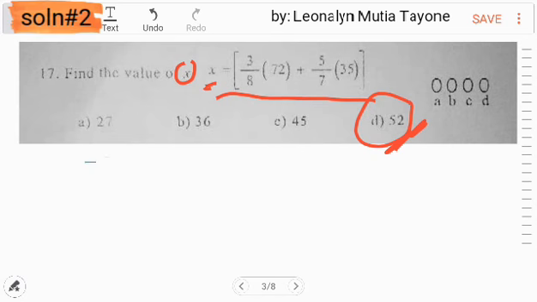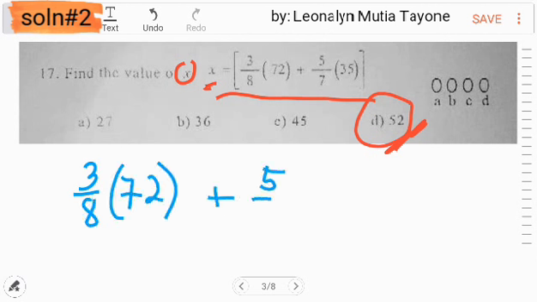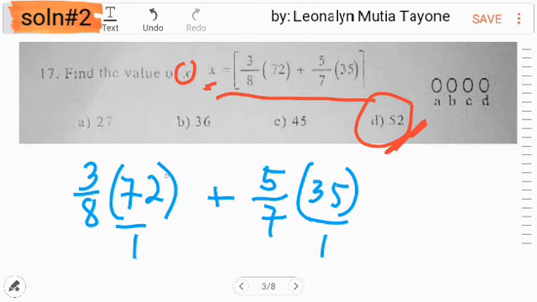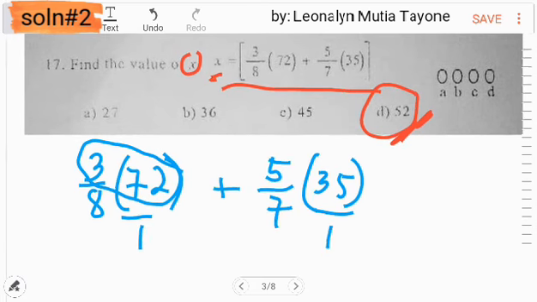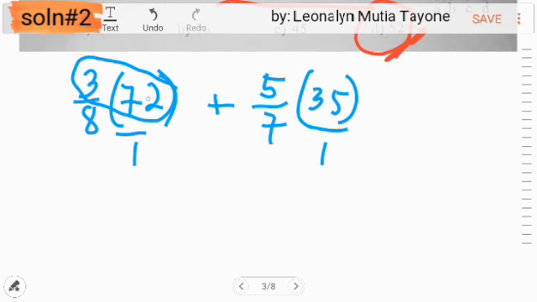Another way of solving this, solution number 2. Pareho lang din naman. Isulat ko ulit. 3/8 times 72 plus 5/7 times 35. Since lahat ng whole numbers mayroon yang denominator na 1, so ang i-multiply muna natin ay yung numerator to numerator. 72 times 3, and this is 216.